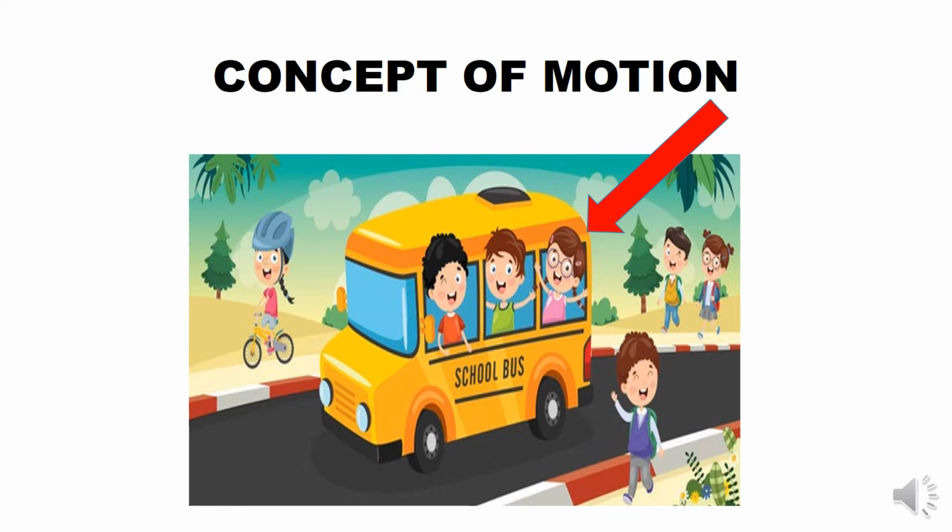Now if I talk about this child who is outside the bus and just looking at the bus, for this child the school bag which she is seeing from the road is moving, right?